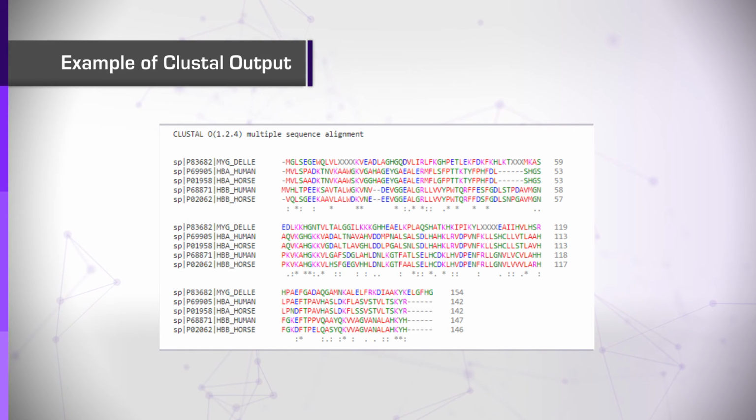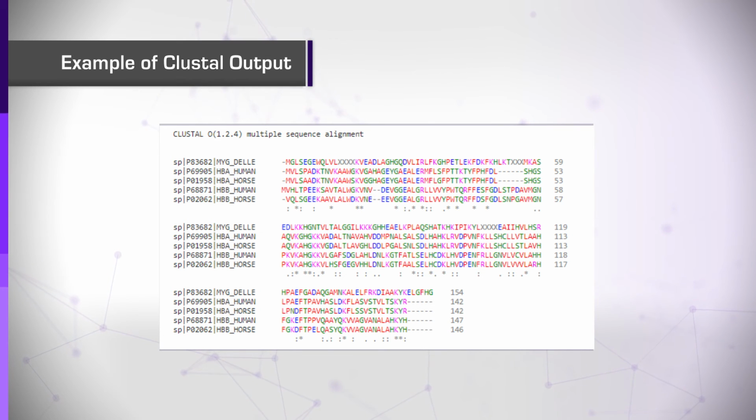Unlike pairwise alignment, we usually cannot assign a quantitative score to an alignment, and the impression is mostly visual. If we look at the output in this format, and note that other output formats are also available, perfectly conserved positions are marked with stars, highly conserved positions are marked with semicolons, and partially conserved positions are marked with a single dot.